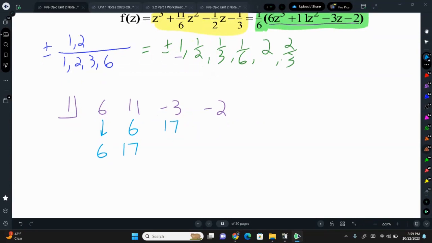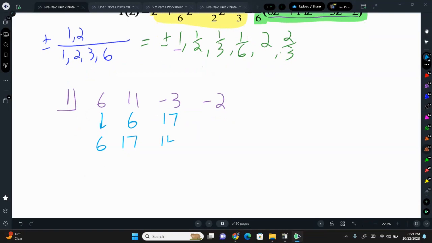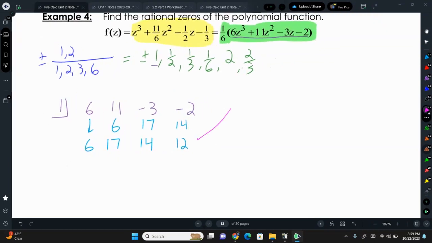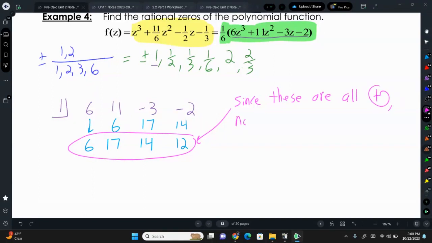We add that, we get 14. 14 times 1 is 14. And we add that, we get 12. Okay, so 1 is not a 0, but since these are all positive, no 0 is larger than 1.